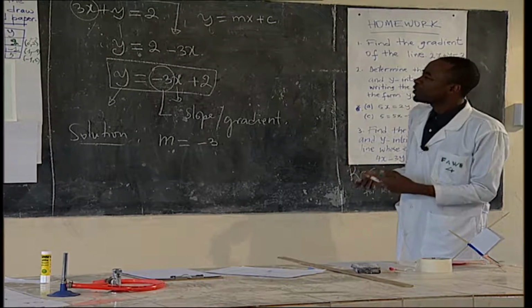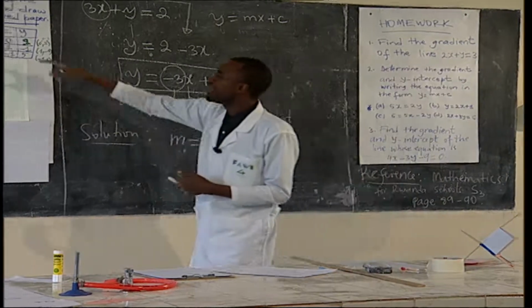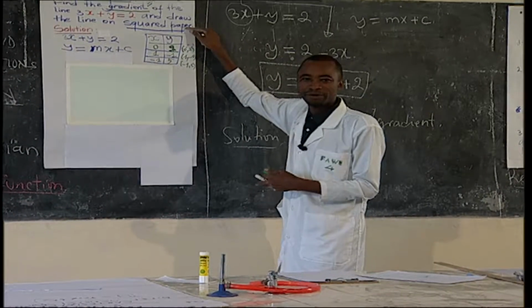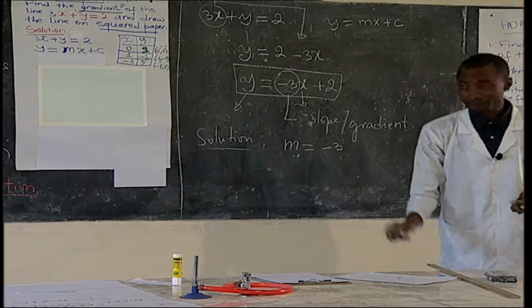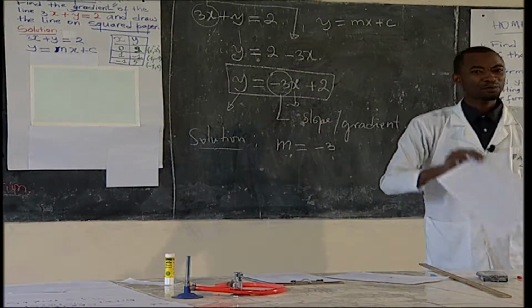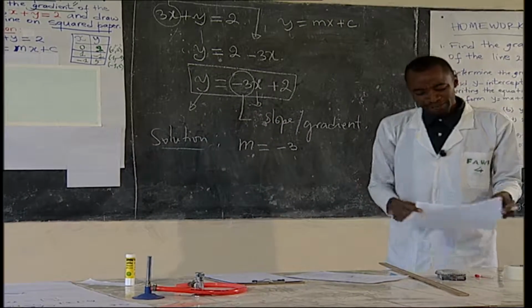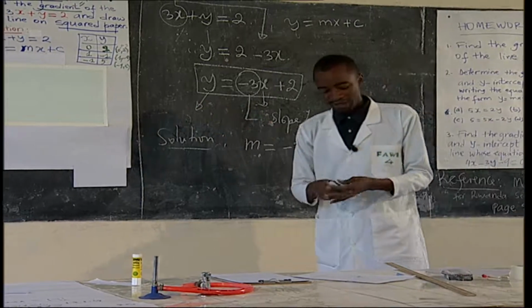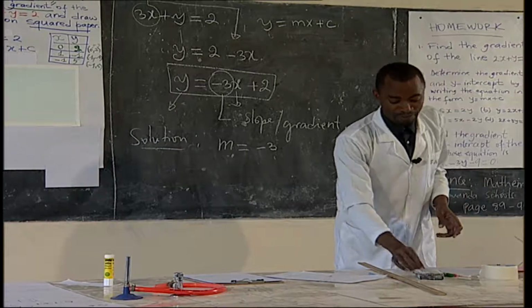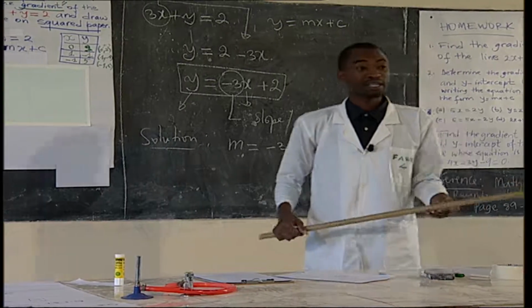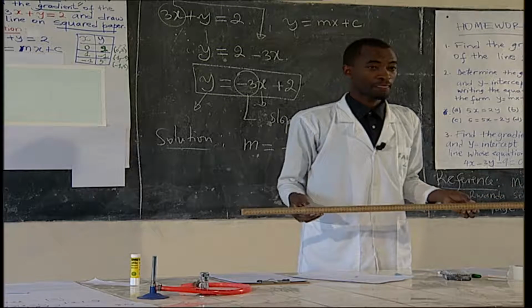we are going to draw the line on the squared paper, which was, of course, this one, as I told you. And remember I said, if you don't have that one, you can use this one. But lucky enough, we have one of this size. We are going to learn how to draw that line. Remember, when you are drawing a line, there are things that you have to have.